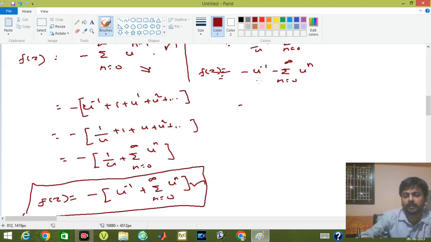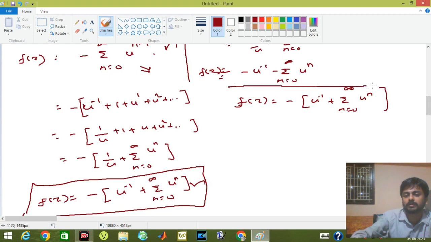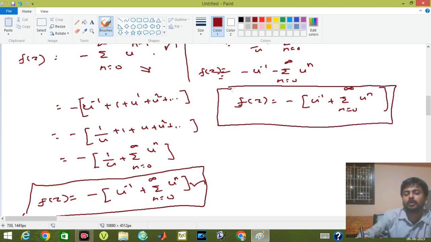See, if I take minus common outside, I will get the result minus of u inverse plus summation n equal to 0 to infinity u power n. So both the results are correct. Okay, so don't get confused.